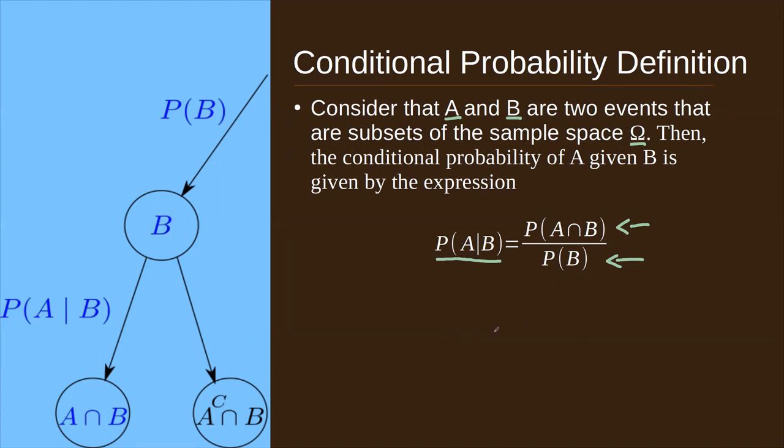In order to illustrate this concept, let's redo the computation from the last slide. In other words, A is now the event that the randomly selected person is taller than 175 centimeters, and B is the event that the randomly selected person was a woman. Then we can look at the probability of A intersected with B. What does this mean?